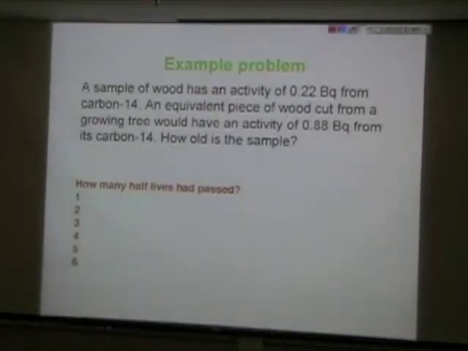So the living, breathing piece of wood gives us the value for the initial activity of this piece of wood, which is old now, and the activity of which is lower. So this is the initial activity, this is the current activity.